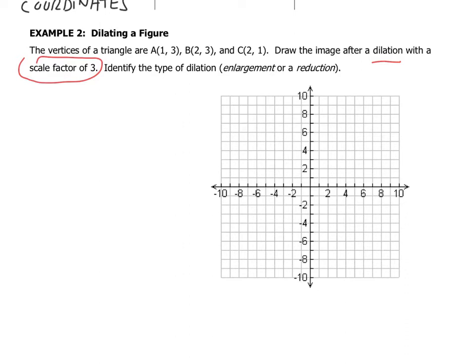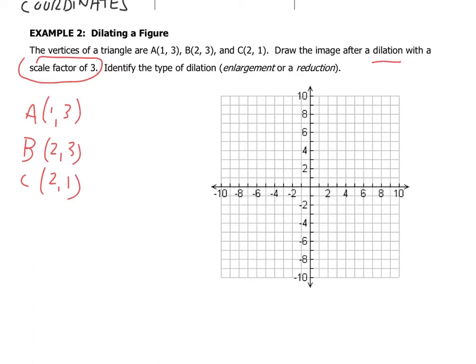Well, let's look at it. We're just going to do the work to the side here. A, B, and C: we have 1, 3, we have 2, 3, and we have 2, 1.